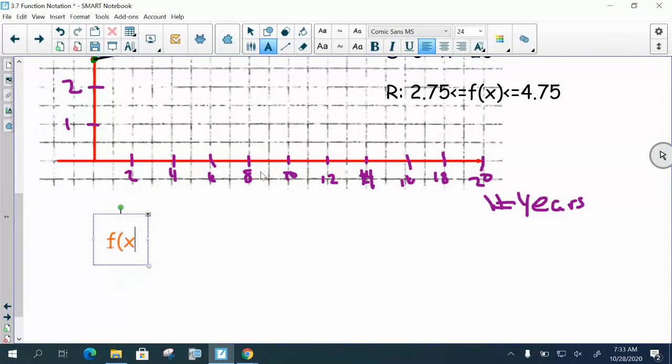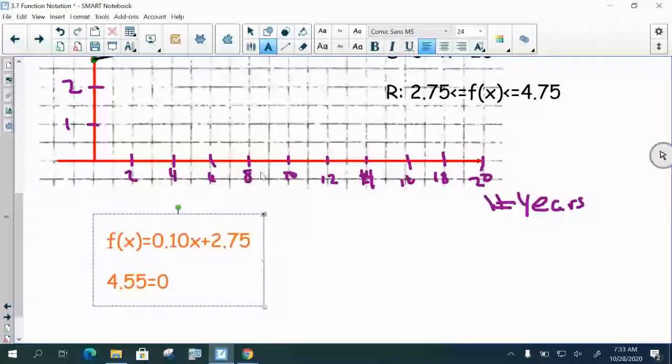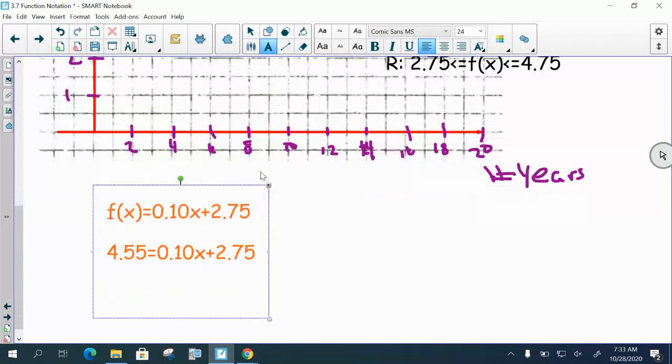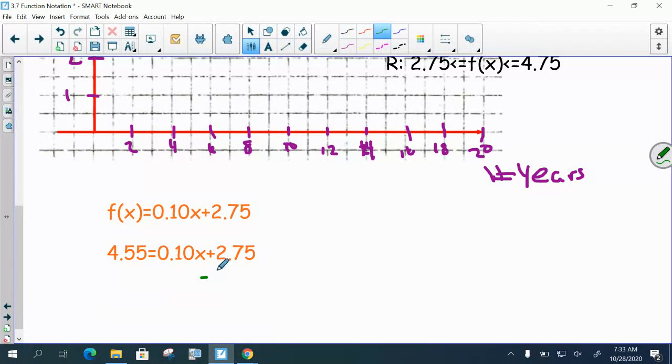So for our function, we're going to plug in 4.55 for f of x and solve for x by subtracting 2.75 over. So minus the 2.75.